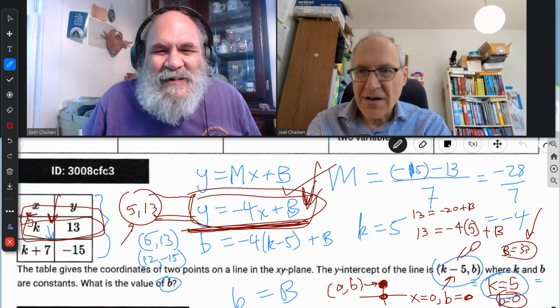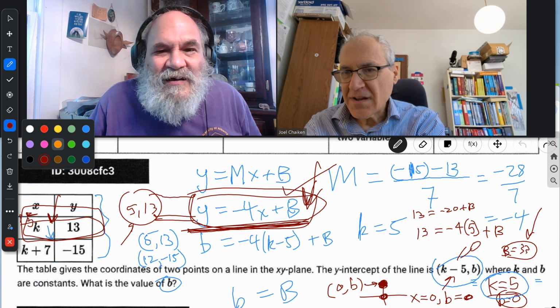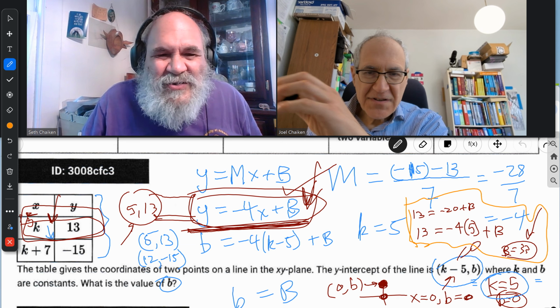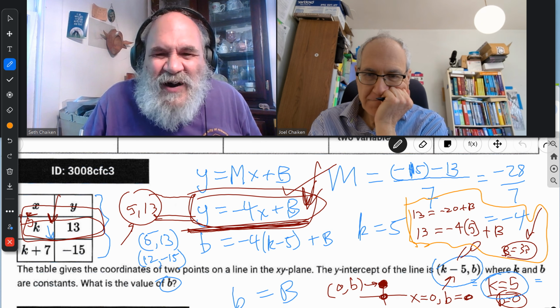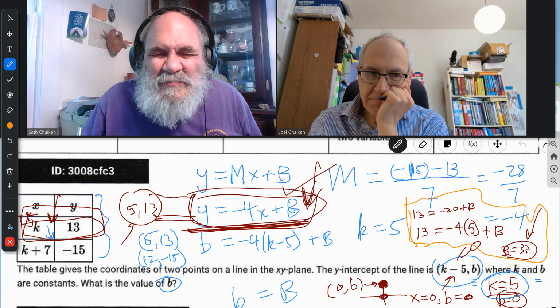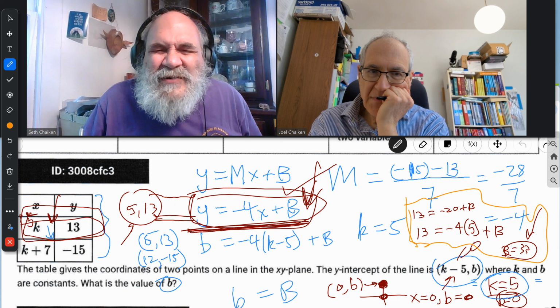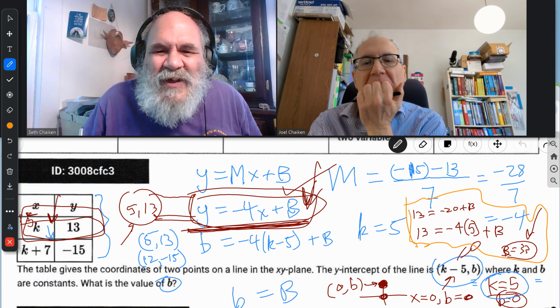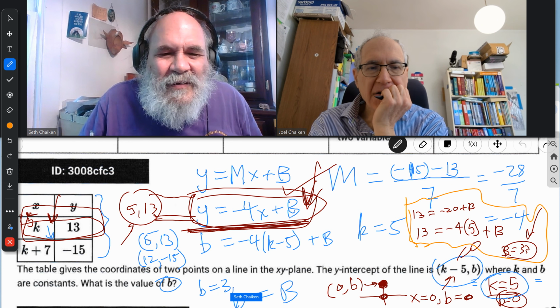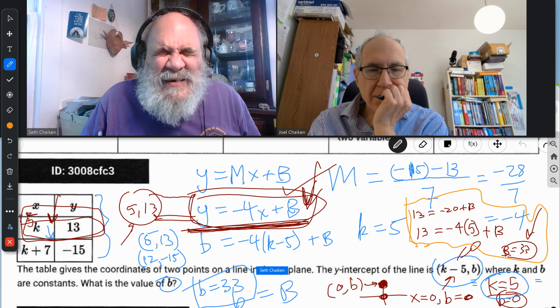Over here, the orange area. You plugged in x equals 5 and y equals 13, and you got b at the end, 33. It's 13 plus 20, which is 33. B is 33. So the answer is B. Okay. Good. Got it.